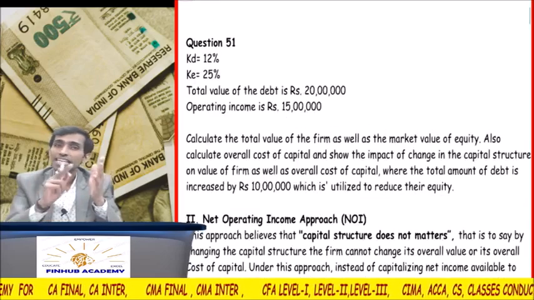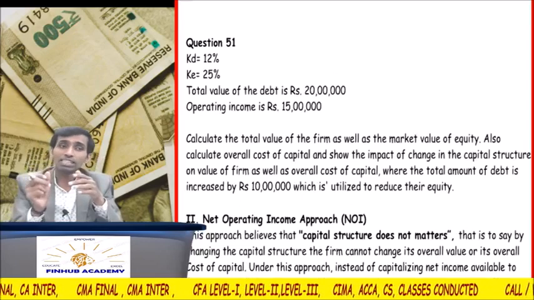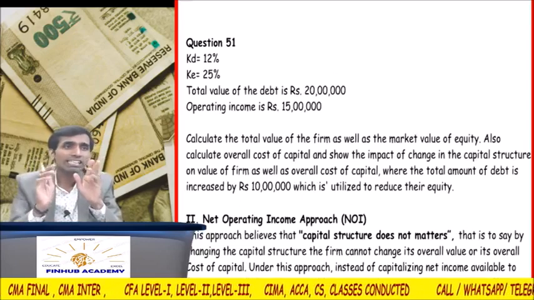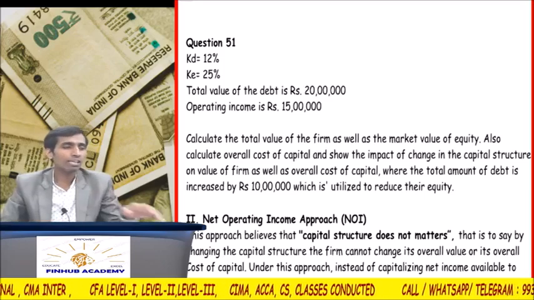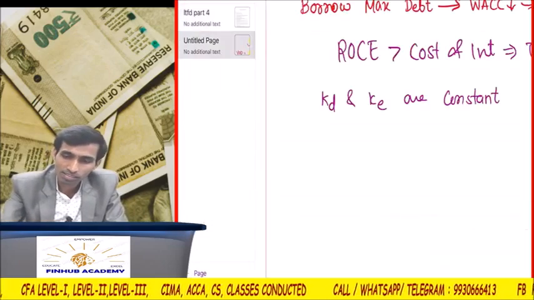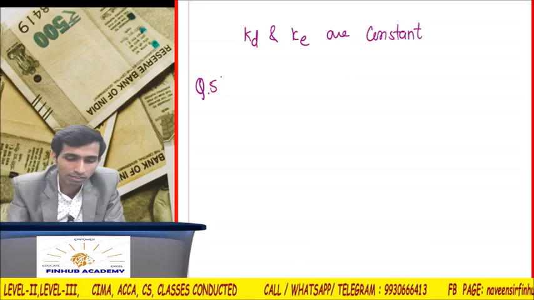Listen. KD is given, KE is given, operating income is given, value of debt is given. Can I calculate? Yes. Question number 51.